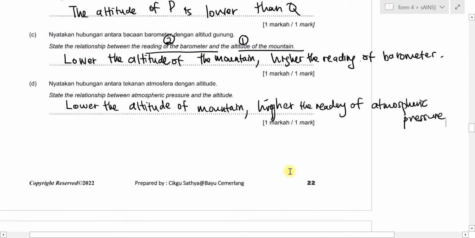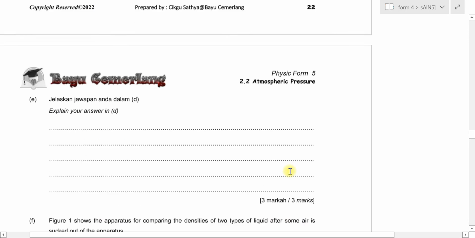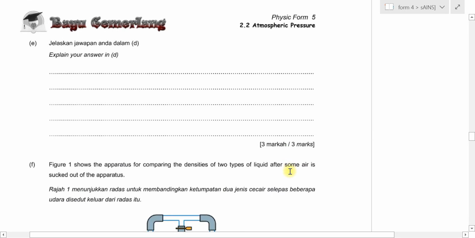I think we still have a few more. Explain your answer. You need to explain your answer. Why, when the altitude is higher, is your barometer reading lower, or when your altitude is lower, why is the barometer reading higher? I hope you still remember this.